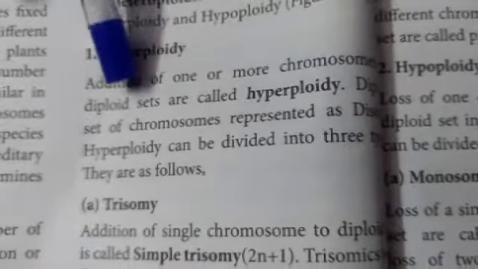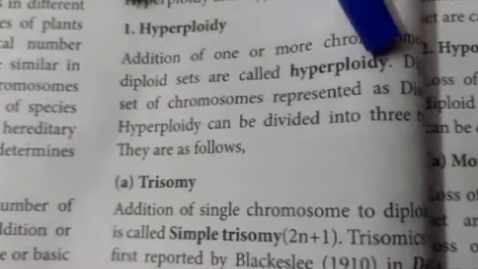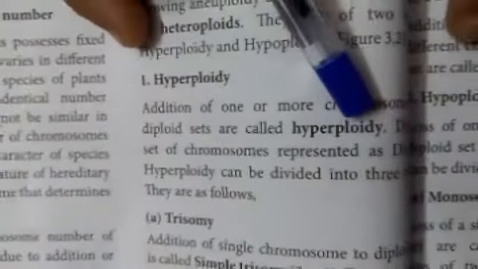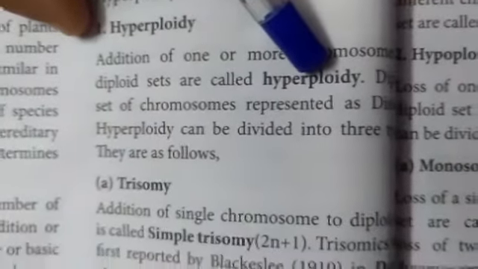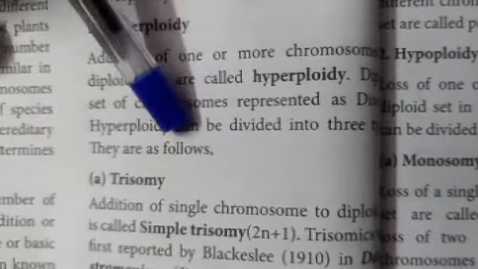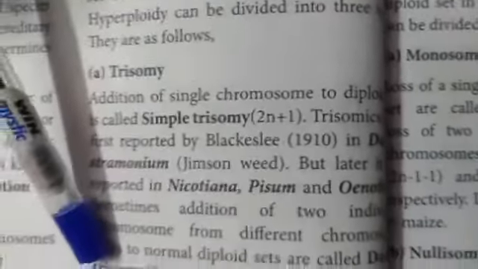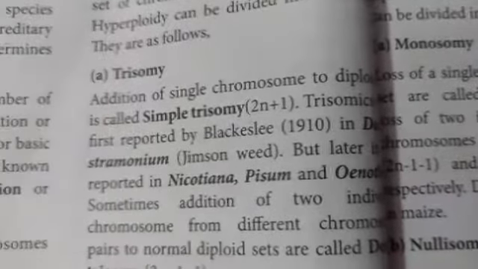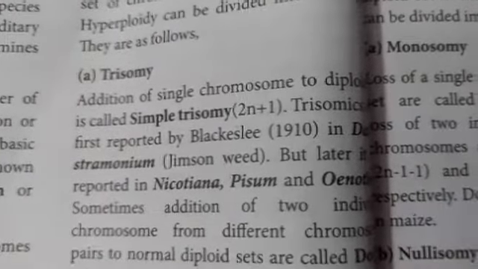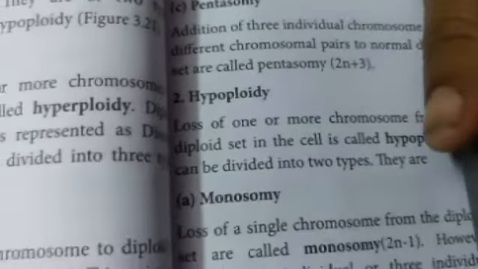In hyperploidy, the diploid set of chromosomes is represented as disomy. Di means two; two sets of chromosomes are present, so it is called disomy. Hyperploidy is again classified into different types: trisomy, tetrasomy, and pentasomy. First, trisomy.